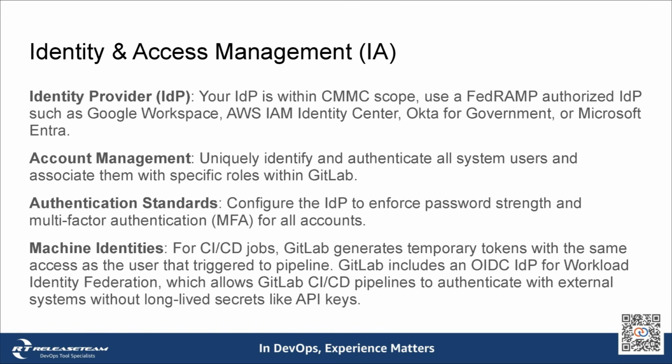Modern authentication is essential for meeting high-level CMMC practices, particularly replay-resistant authentication and MFA. Many people assume that using a FedRAMP IDP automatically makes them compliant with the IA domain. While the provider manages the software infrastructure, you are still responsible for the configuration. You must prove that you have configured the IDP according to the CMMC guidelines.